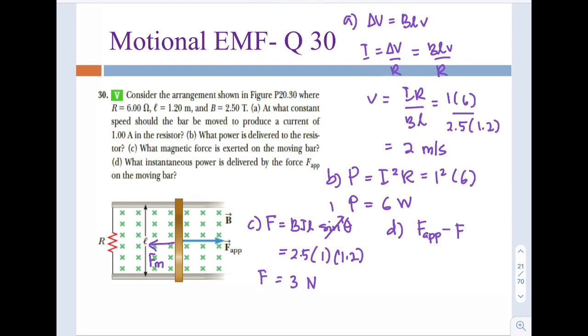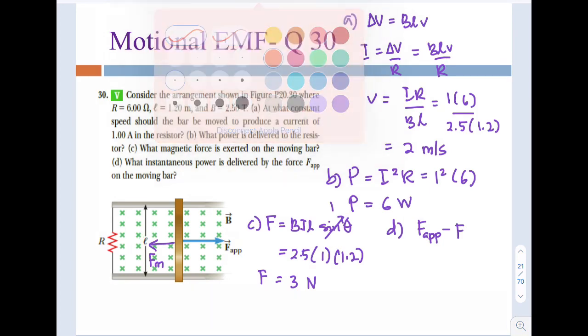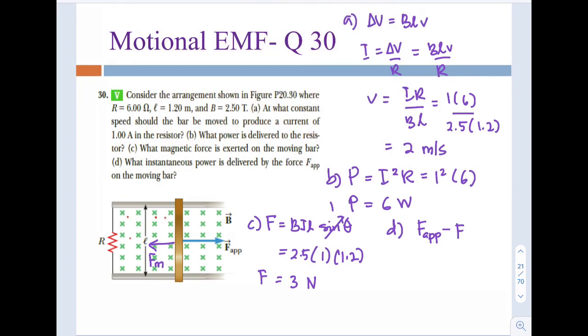Why is it opposite? Because of BIL, your I, remember the change? What kind of change? The change is the increment of the loop area here. So it is going to produce B induced, which is in the opposite direction.